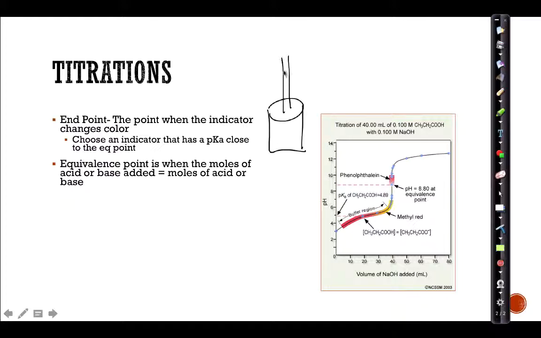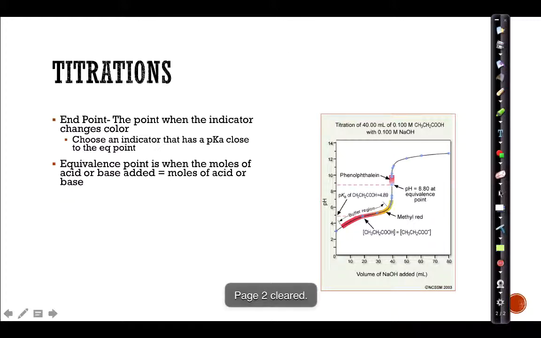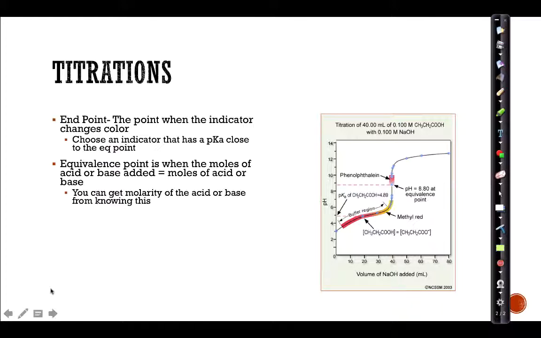Whenever you're adding this, eventually you get to the endpoint, so the indicator changes color, and that indicates that you have hit the equivalence point, which is when the moles of the acid added is equal to the moles of base present, or vice versa. Okay, so it's not the same as the endpoint, because usually the endpoint is slightly above the equivalence point.